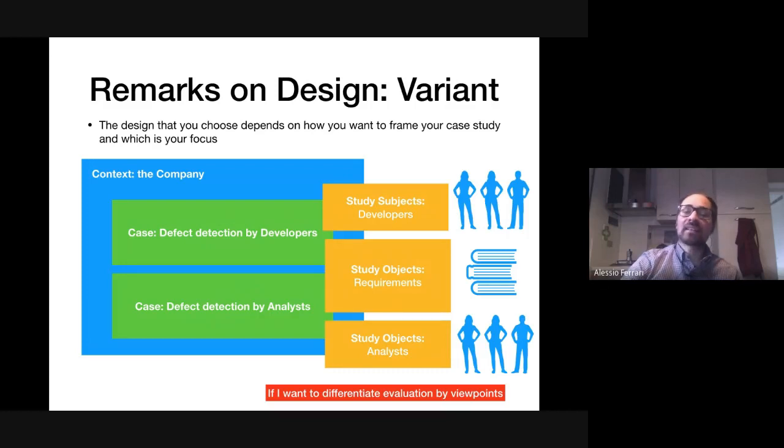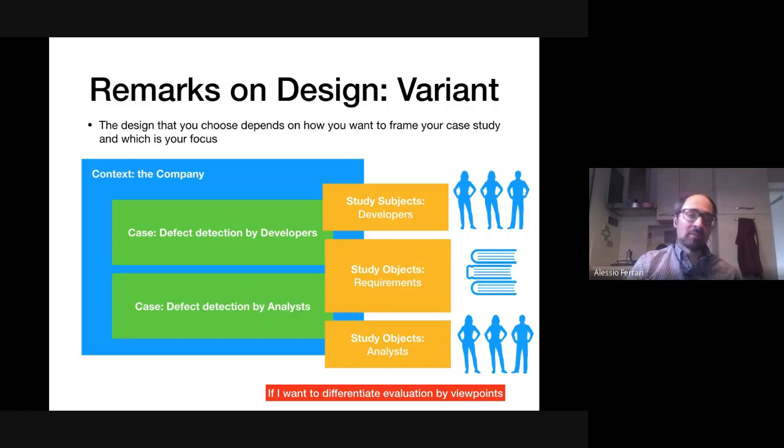So you understand that there are always little aspects in the design, also very, very tricky ones, that impact your overall design and the overall view of the study.